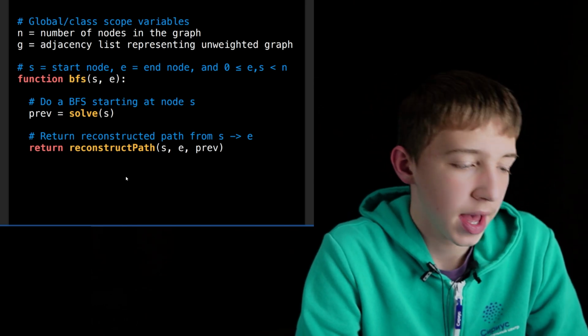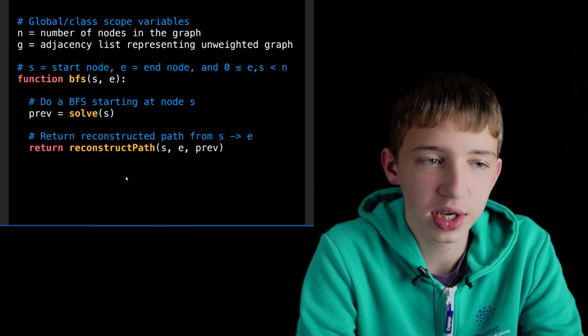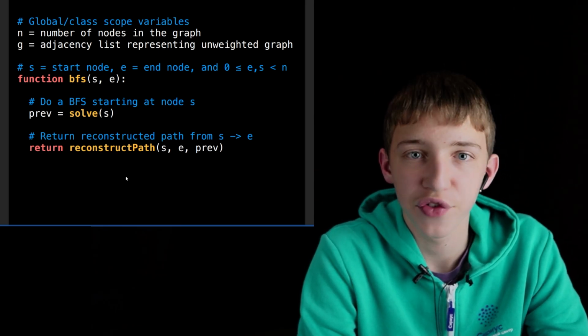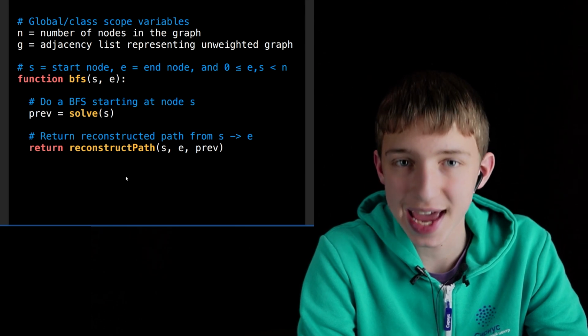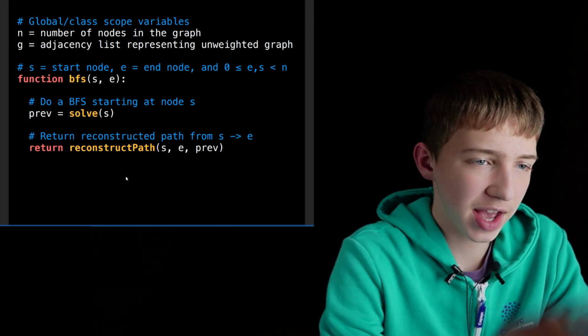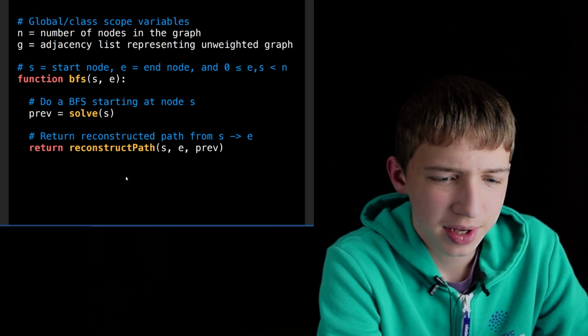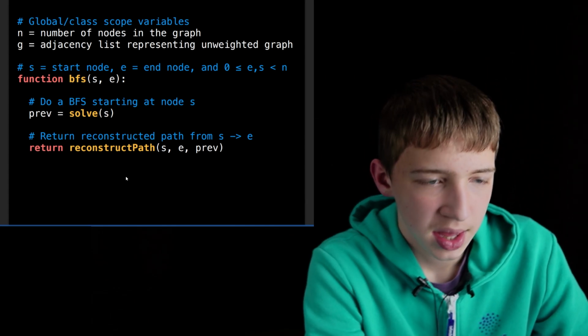And also, this is not the only implementation of breadth first search, because we can implement it without all of these three functions. We can do it with only one.